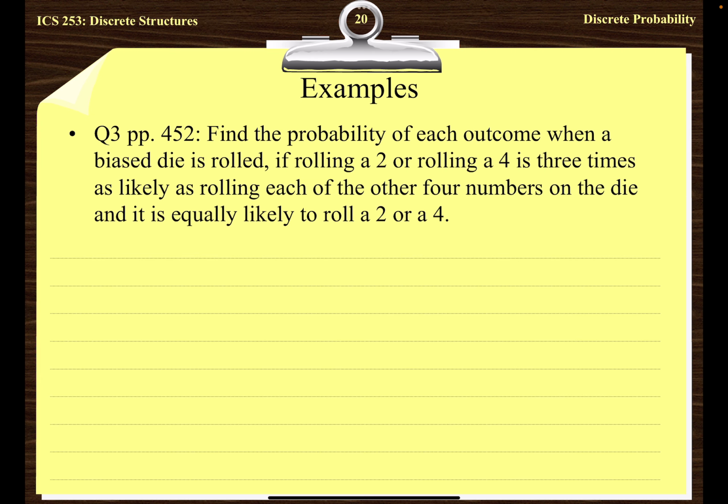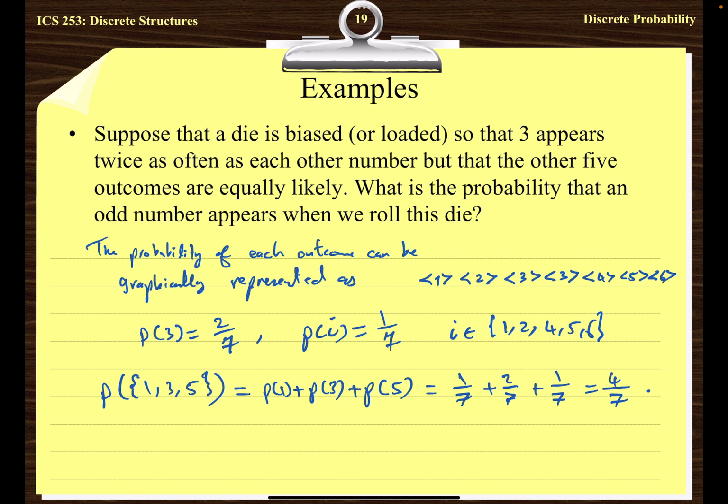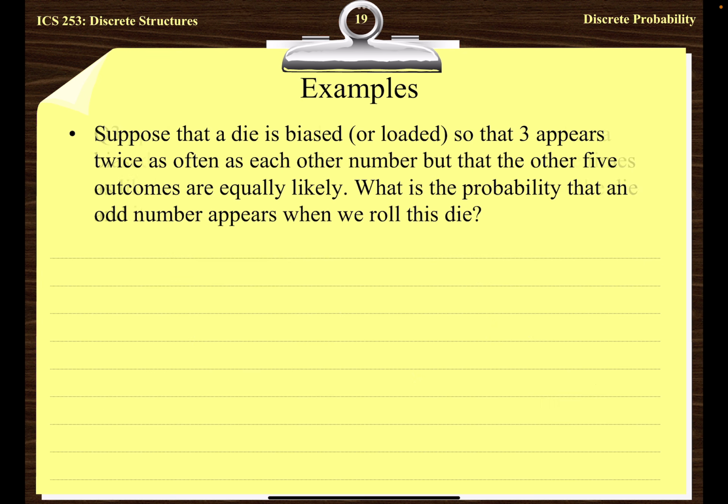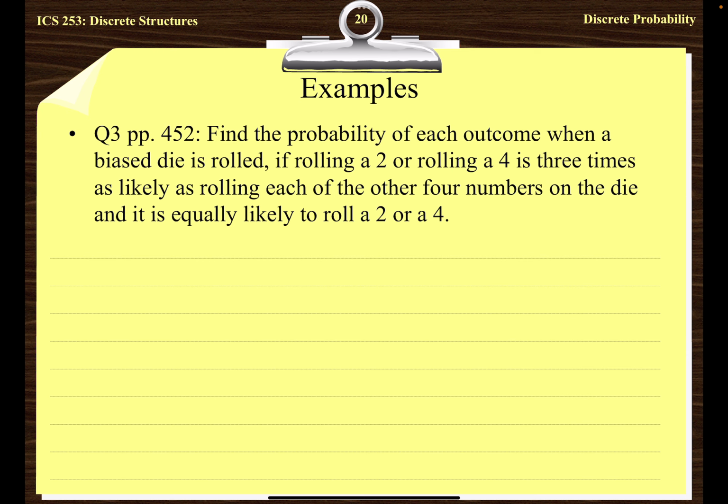Okay? But let me follow in this question what we did in the previous one. By the way, this one is actually a solved example in the textbook. So let's look at this question and see whether we can do it in exactly the same way we did the previous example.